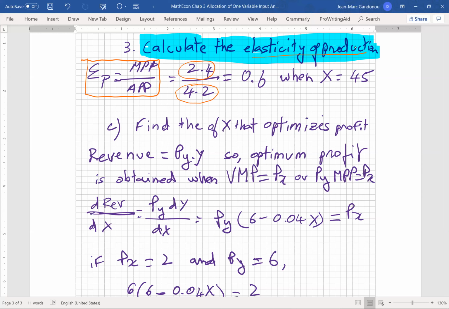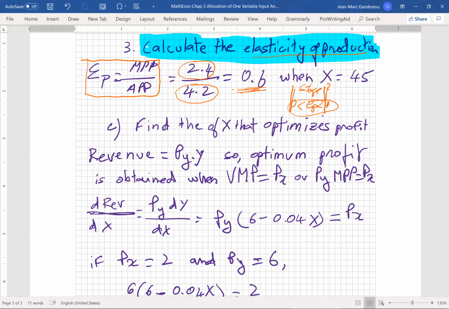So production is inelastic, and that's what we need at the optimum, in stage 2 of production. In stage 2, we want elasticity of production between 0 and 1. Elasticity below 1 says that we are in the right range of production.